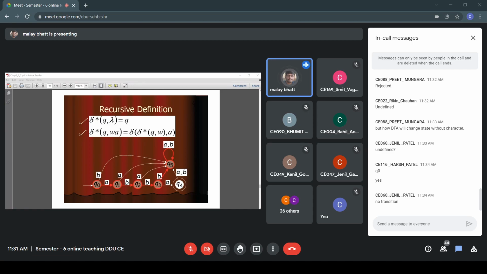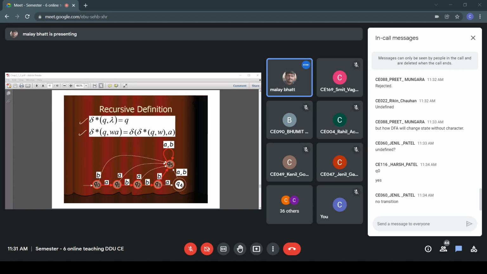If you do not consume a symbol from the input, then you cannot change the state. So delta star Q comma null giving us Q means your state will remain as it is.